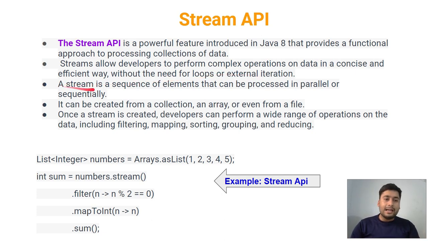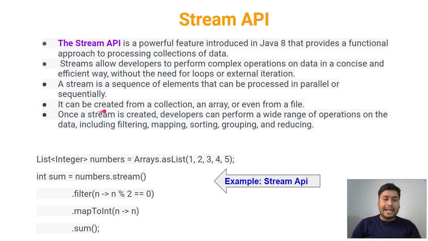A stream is a sequence of elements that can be processed in parallel or sequentially. So a stream supports multiple ways of processing, parallel or sequential, whichever you want.